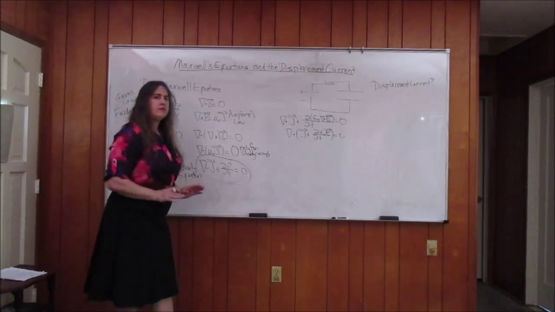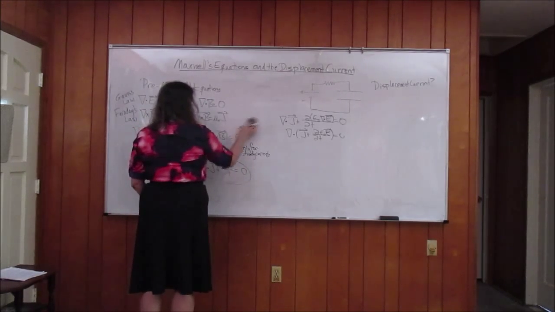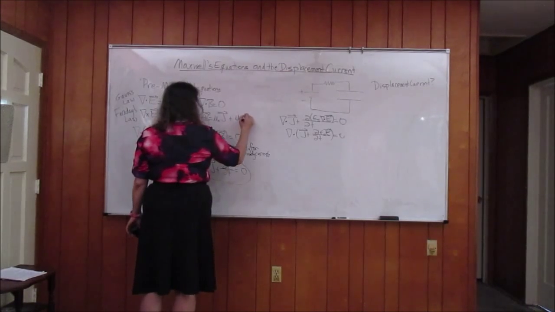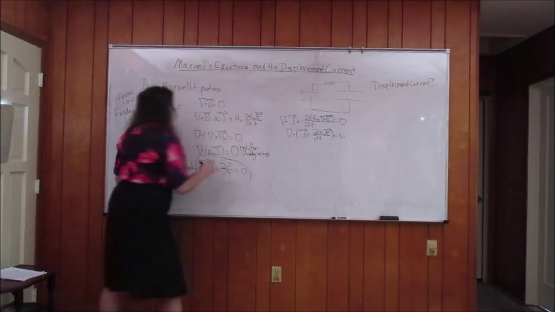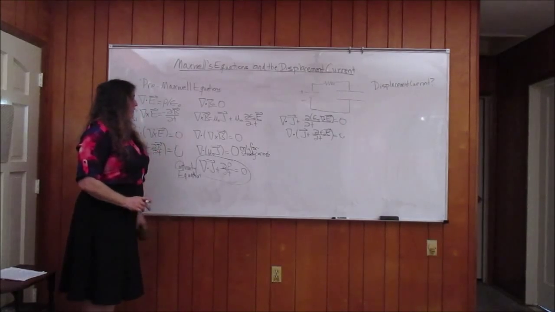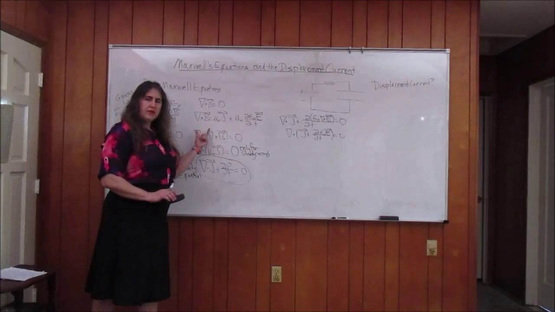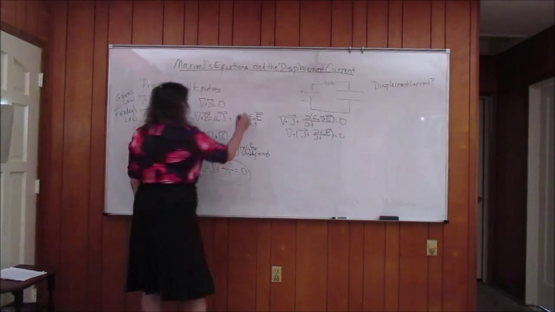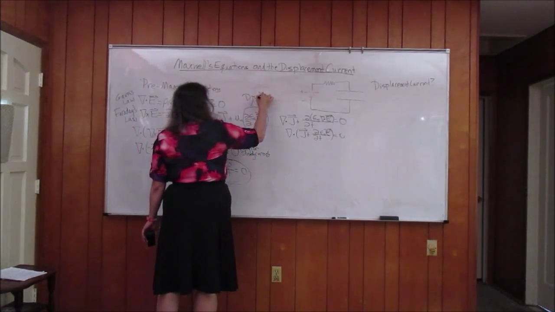So this suggests a fix. I'm going to add an additional term to Ampere's law. And now I've fixed the consistency problem. So now when I take the divergence of both sides, the left-hand side will clearly be 0, and the right-hand side will as well. This new term is called the displacement current.